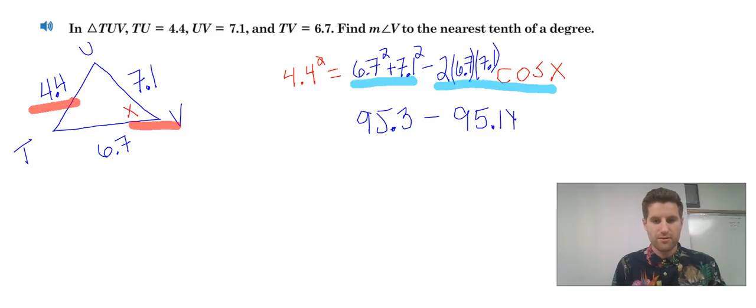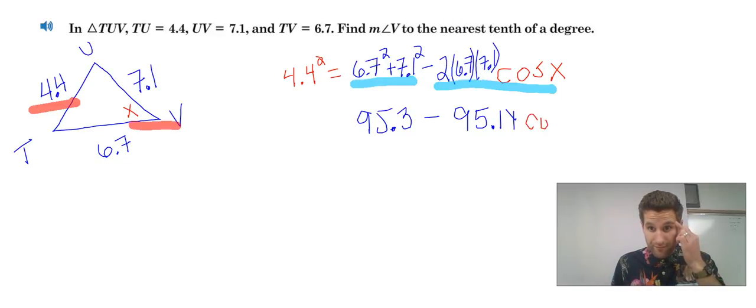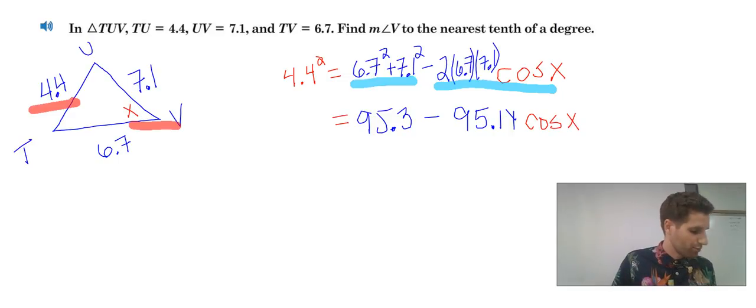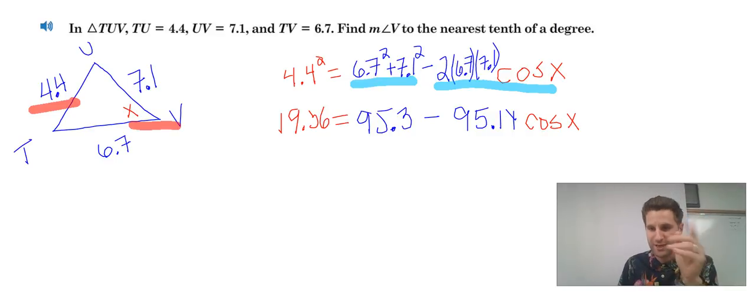And then we have the cosine of x, and over here equals 4.4 squared, which is 19.36. This part becomes tricky for kids.